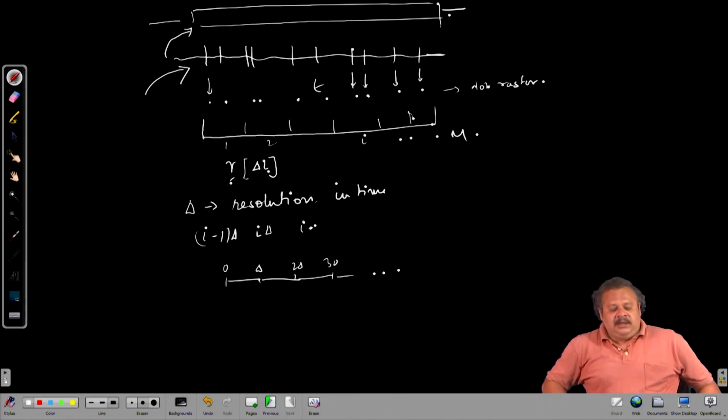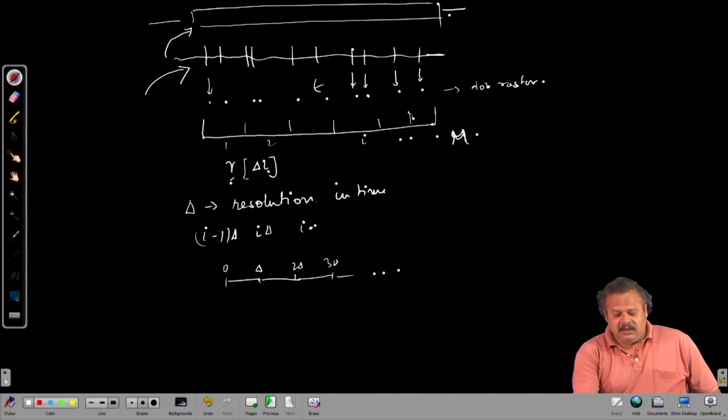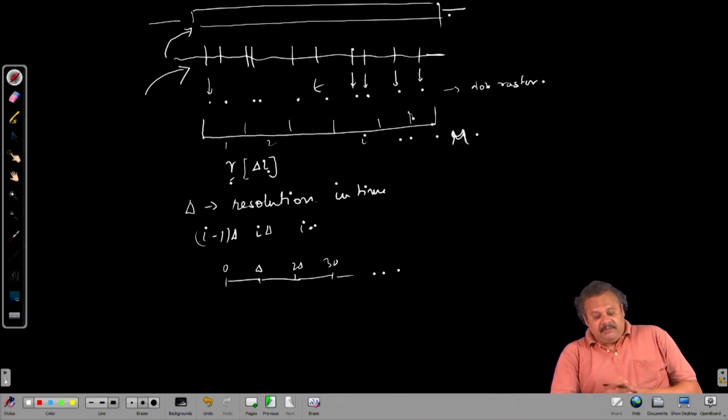The delta may be so large that there is only one bin, that is, M times delta is such that M is essentially 1. In that case, we are essentially looking at the spike count or the overall rate in a large time window.